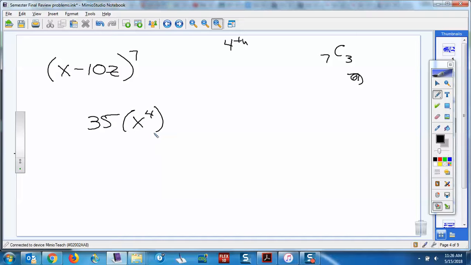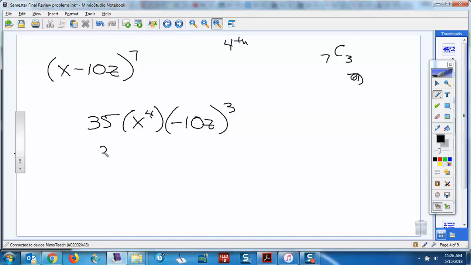Because it's going to go 7, then 6, then 5, then 4, the fourth term. And that one is going to be 4, right? It's a coincidence that those match there just because this was 7. And then this one's going to be what? Negative 10z to the third. Because that one's going to go 0, 1, 2, 3.